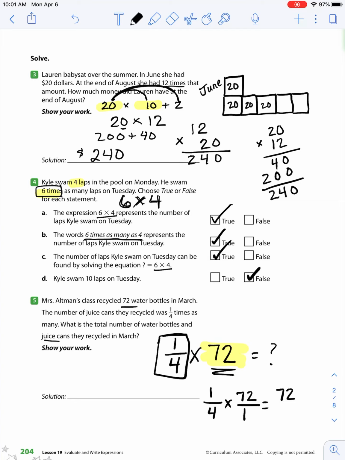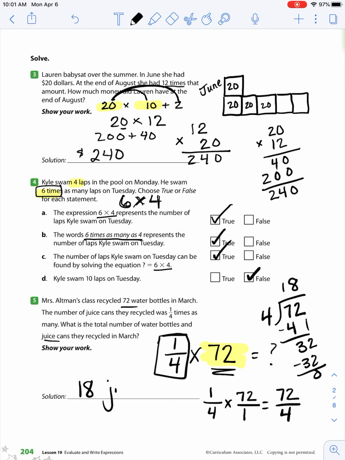Okay, and we get 72 over 4. And when we divide that, I get 18 juice bottles. Okay. Oh, wait, that's the wrong answer. That's not the answer to the question.